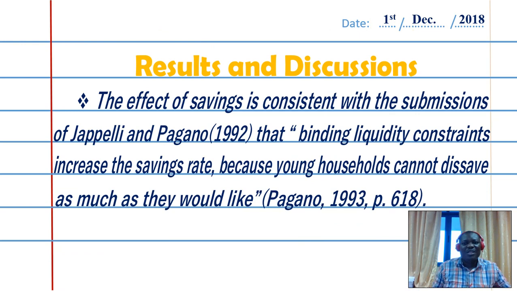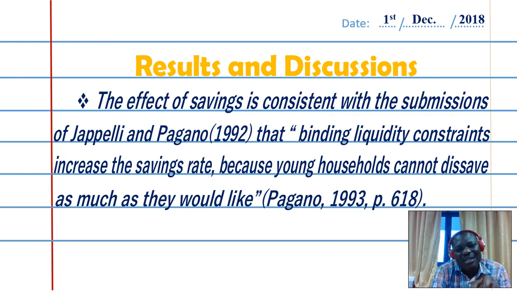Now, I have spent some time to discuss the findings, so I will just take this opportunity to summarize. The effect of saving is consistent with the submissions of Jappelli and Pagano in 1994 that binding liquidity constraints increase the savings rate because young households cannot borrow as much as they would like.